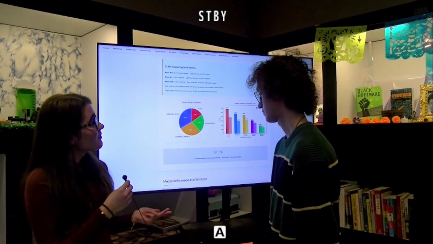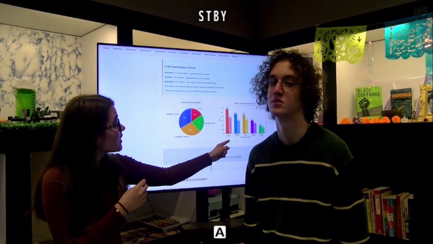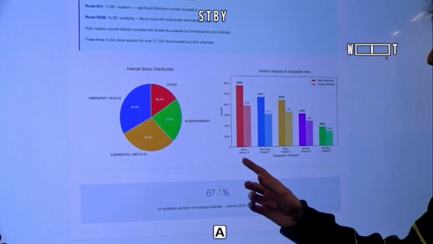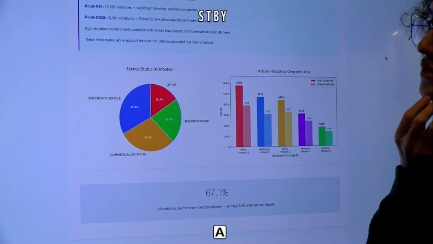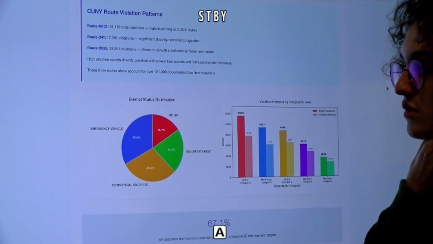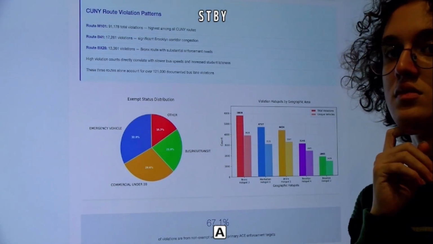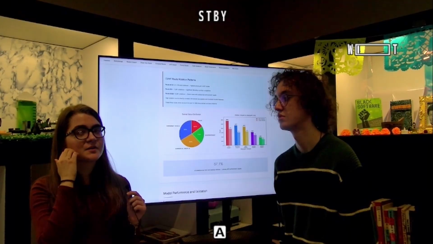And as you can see, there are actually hotspots where these occur. And Bronx is actually the number one hotspot. If you map these out, you see that, for example, one vehicle had over 4,000 violations, and that was near a fire station, or I believe it was a fire station or hospital.